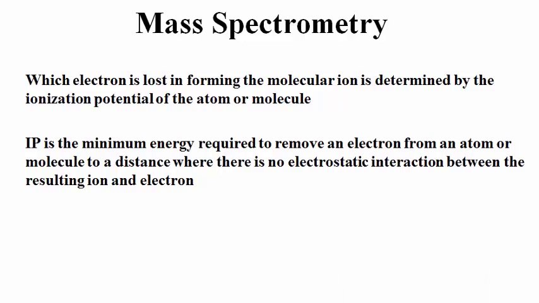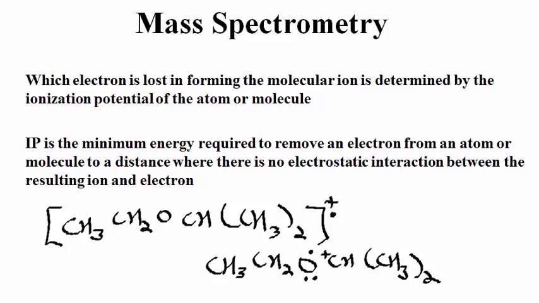Most organic molecules have these values between about 8 and 15 electron volts. But for our purposes, it usually doesn't matter which electron is lost. In general, the radical cation is delocalized throughout the molecule. Because it's delocalized, you can write the molecular formula of the parent molecule in brackets with a plus sign to show that it's a cation, and with a dot to show that it has an odd number of electrons.